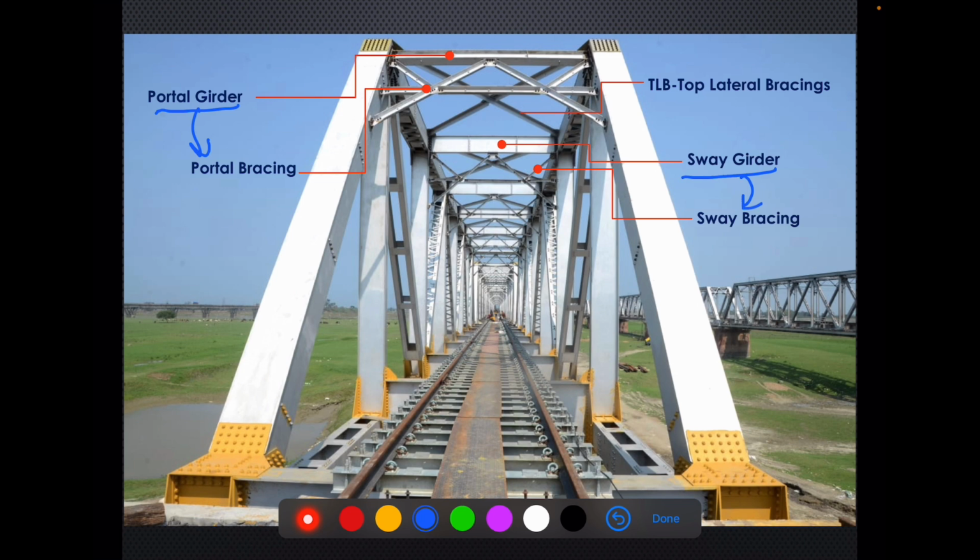Then in between two portal girders, in between two sway girders, we have this cross arrangement of top lateral bracing. So these are called top lateral bracings. Somewhat visible, somewhat not visible.